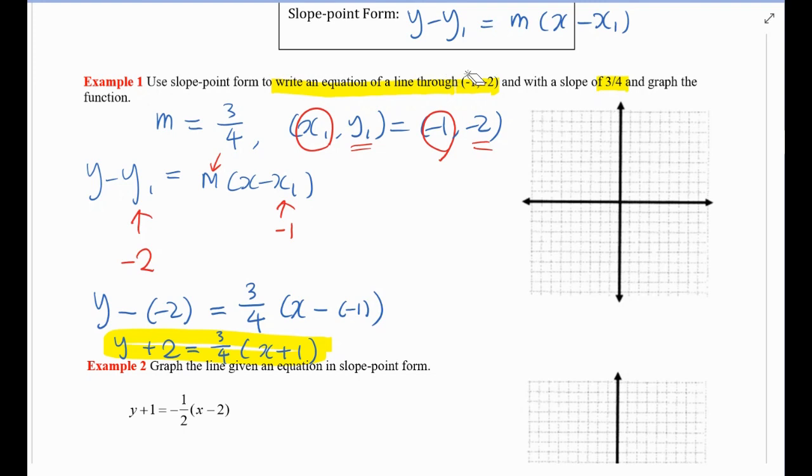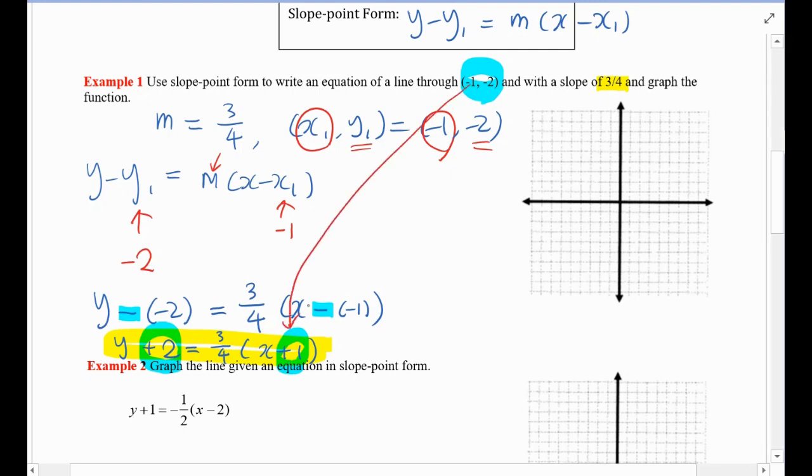So what you have to look at is when you have (-1, -2), because of the negative sign in the formula, it becomes positive and positive. Remember, -1 becomes +1 and -2 becomes +2 because of the negative sign in the formula. Make sense, everyone?